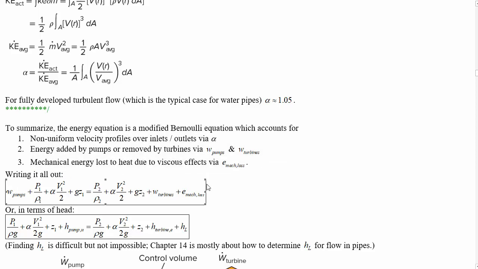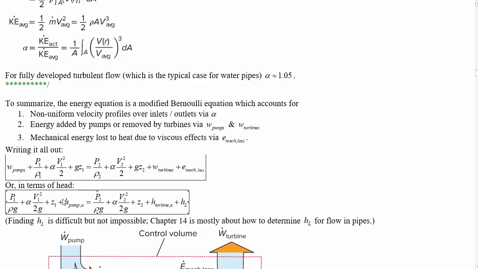This whole thing is in units of g times z, which if you think about gravitational acceleration times a height, this is like gravitational potential energy, except without the mass term. So when you multiply this whole thing by mass flow rate, this gives you an energy flow rate, or like a power. In terms of head, you just have to divide the whole thing by g.